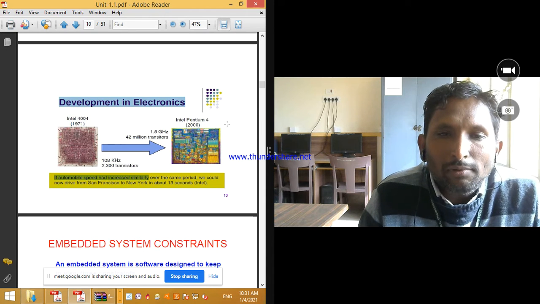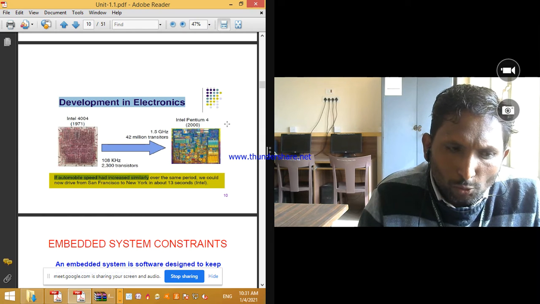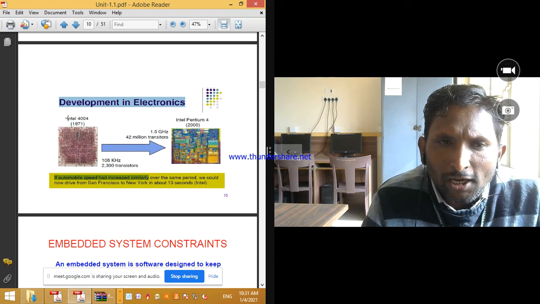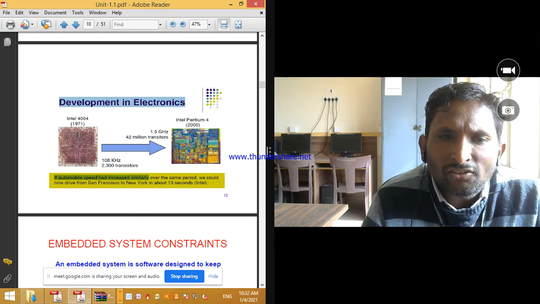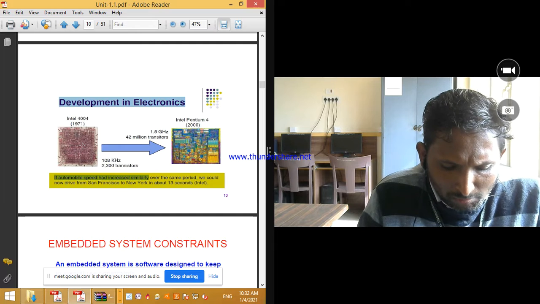Here is the image you can see over here: development in electronics. Yes, the Intel 4004 processor was developed in 1971. Why is there a need to show this image to you?